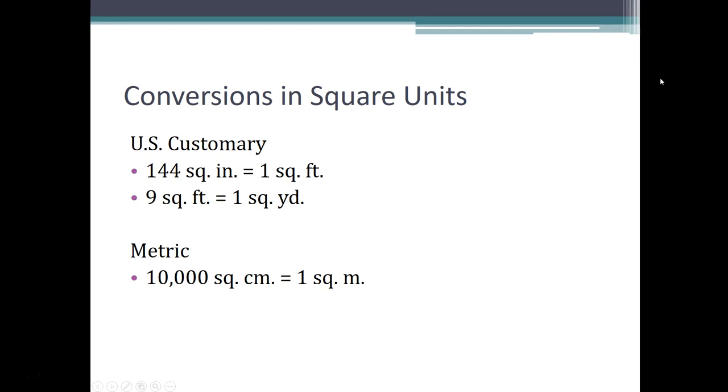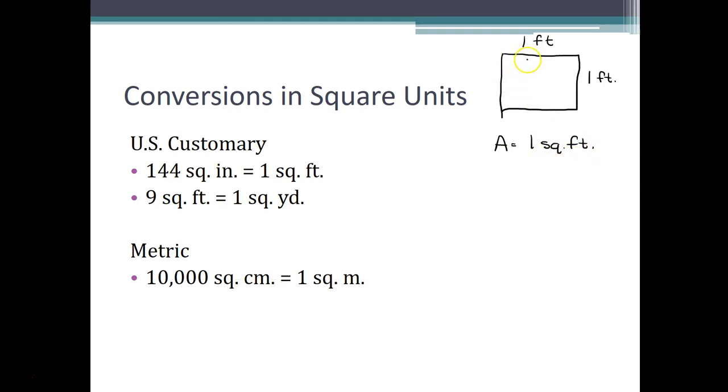Alright, last concept in this lesson. Going back to conversions again, like we were doing back in chapter 7, but now we're dealing with square units. This slide shows you the square unit conversion factors that you're going to need to be familiar with. If you think about a square that's 1 foot by 1 foot, you know the area is going to be 1 times 1 or 1 square foot.